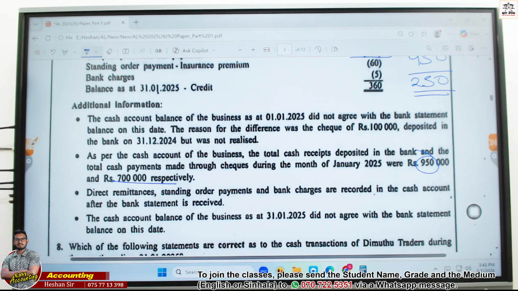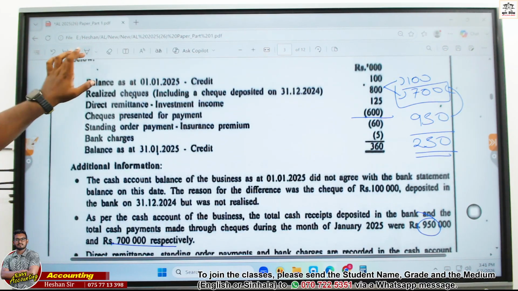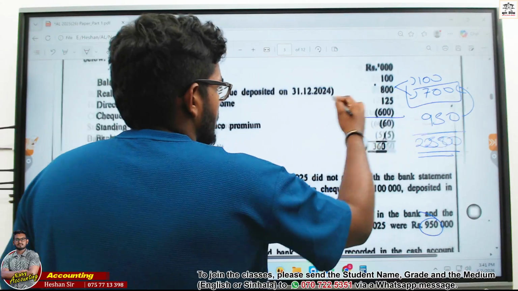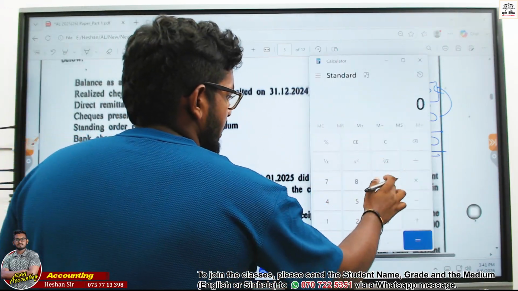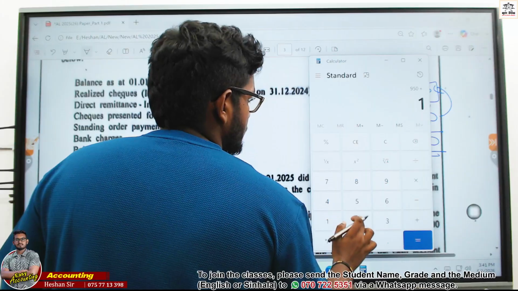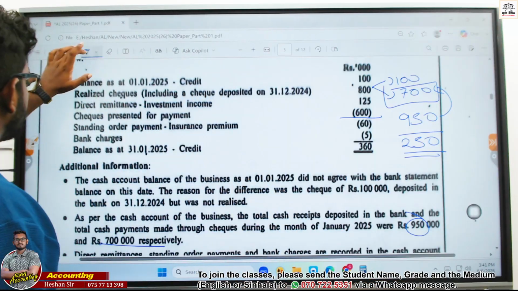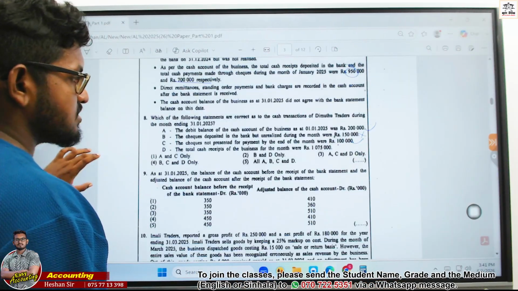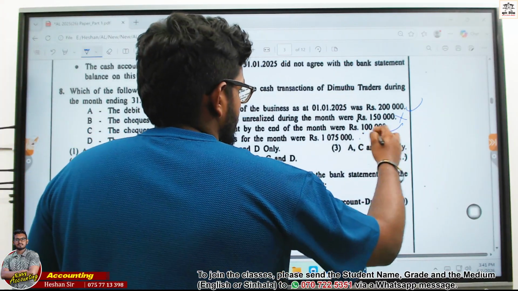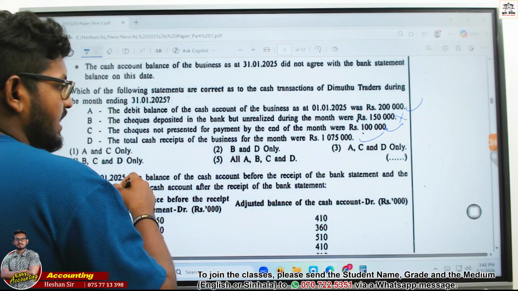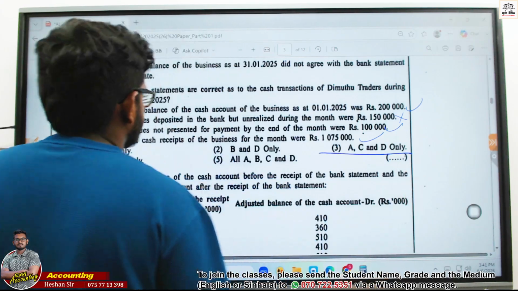In the bank statement, direct remittances are how much? Direct remittances are 125. So 950 plus 125, how much? All the receipts, 950 plus 125, that is 1075. That is correct. D is correct. So the answer is A, C and D, answer number 3.